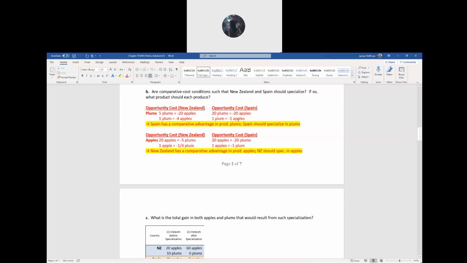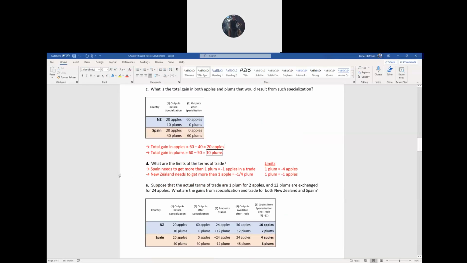Otherwise, what's the point of specializing? They just stick with their domestic costs and get the one apple. So if they're going to specialize in plums, they've got to beat their domestic opportunity costs, because initially giving up one plum gives them one apple. So they better get more than one apple.